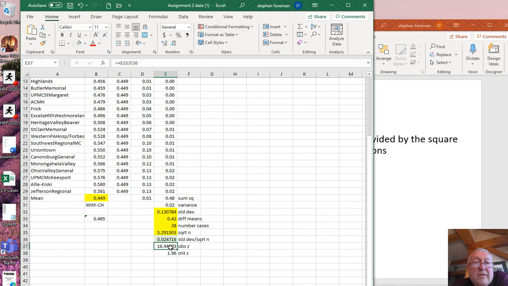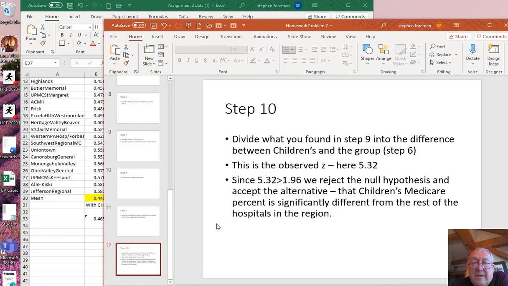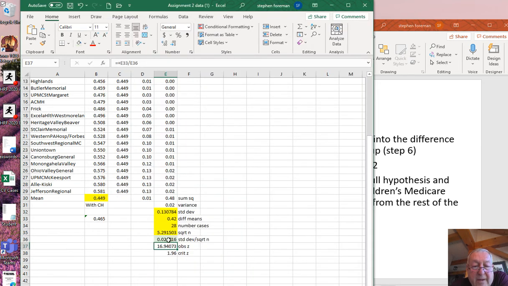And then to calculate our observed z, this is step 10, we divide this derived value from step 9 into the difference in the means, which was here, and that gives us our observed z of 16.94.